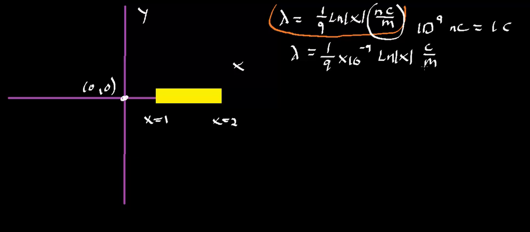I want it in coulombs per meter because when I apply the electric field formula, my Coulomb's constant k is in units of newton meter squared per coulomb squared. So if I have coulombs squared in the denominator there, I want coulombs here to partially cancel that. I couldn't cancel a coulomb with a nanocoulomb, so I have to have this in coulombs per meter.